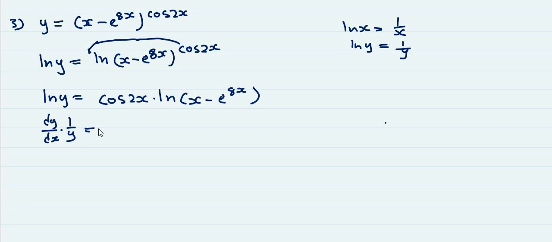So this equals a function multiplied, so we use the product rule again. An overall product rule, always either product rule or chain rule.